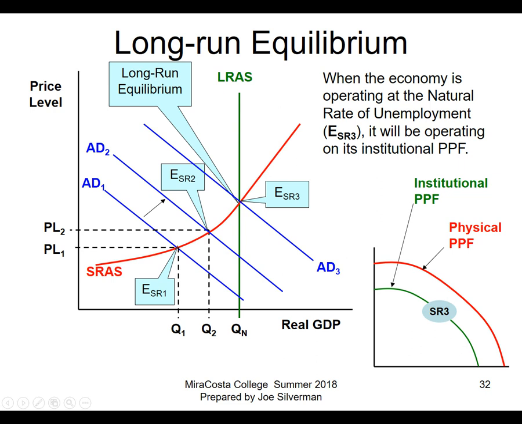So that brings up the question of what is the difference between our institutional production possibility frontier and our physical production possibility frontier. The institutional production possibility frontier is the amount of goods and services that the economy can produce when it's fully utilizing all its resources under the institutional constraints that exist. So what do we mean by that?